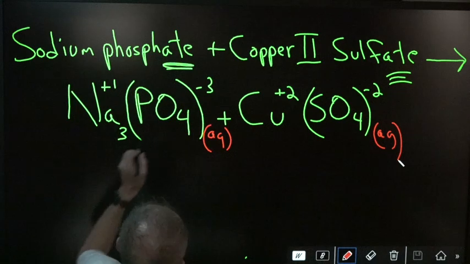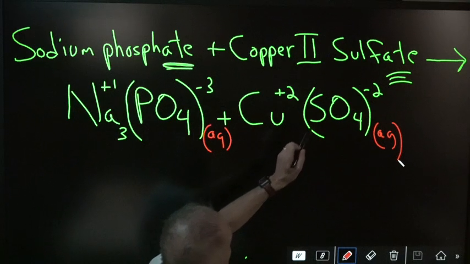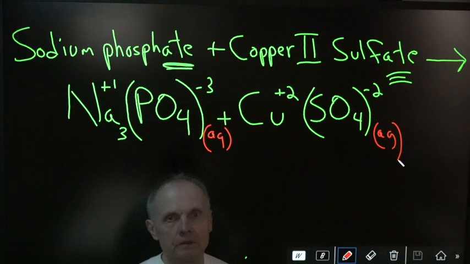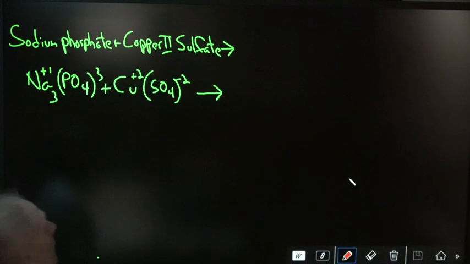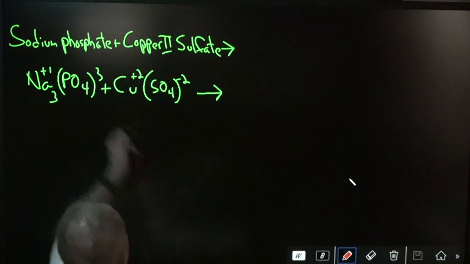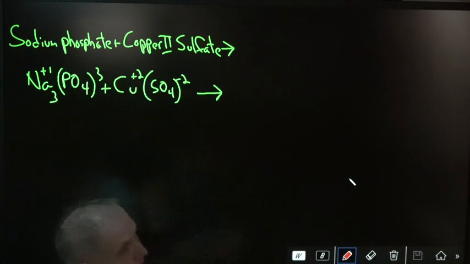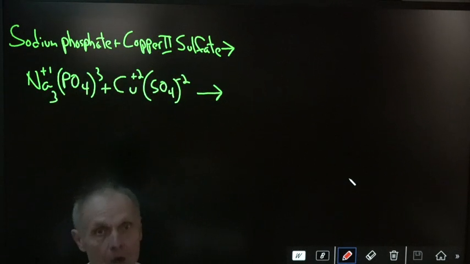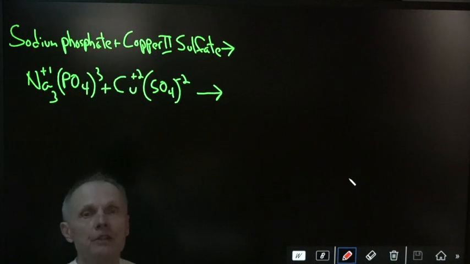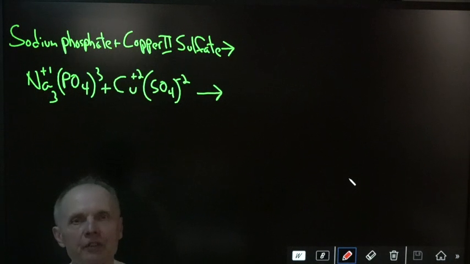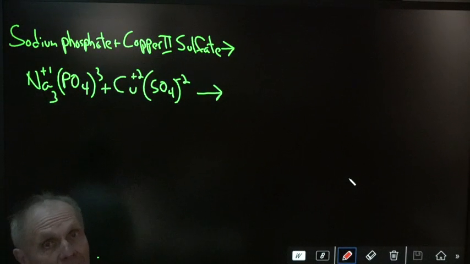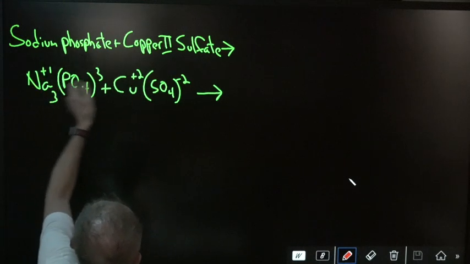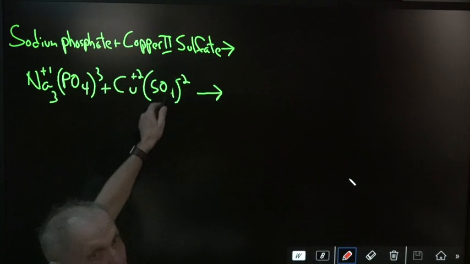So we have sodium phosphate added to copper 2 sulfate. Okay, so I have rewritten this stuff. Here is the word sodium phosphate and copper sulfate. Here are the formulas. Now, to do a double replacement, you just flip-flop the two positive ions. That's all. So sodium is positive and so is copper. Flip-flop them. So the names would be sodium sulfate and copper 2 phosphate.